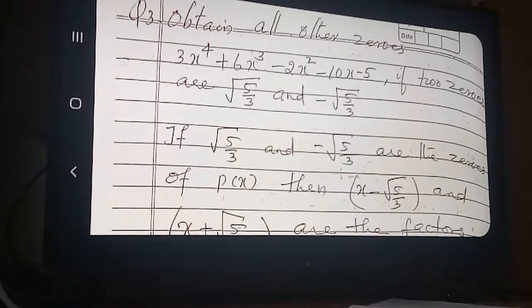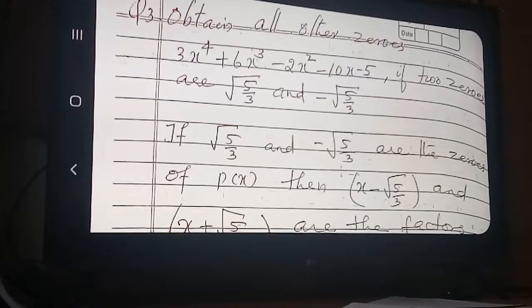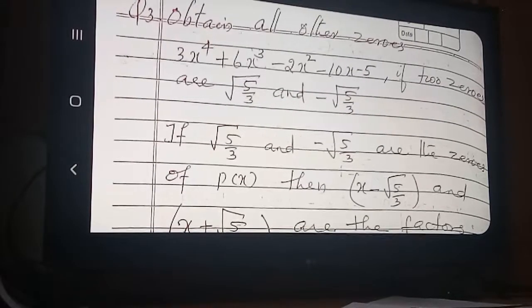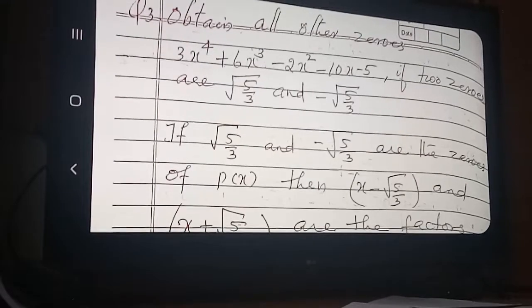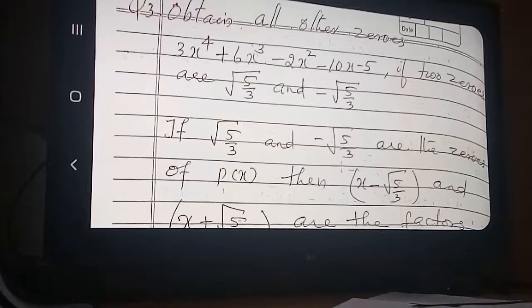Obtain all other zeros. 3x raised to 4 plus 6x cube minus 2x square minus 10x minus 5. If two zeros are given as root 5 by 3 and minus root 5 by 3. Two zeros given.